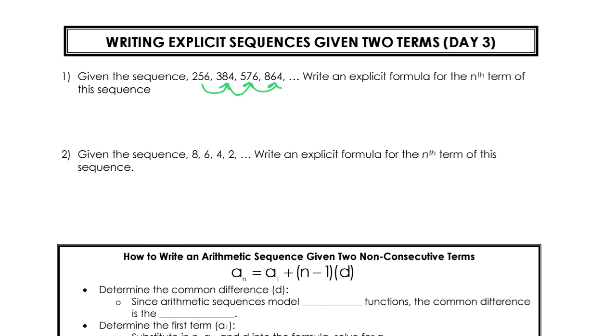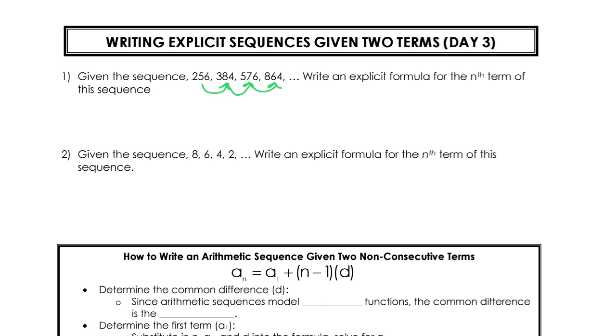All right, so if we look at these terms, these ones are a little bit tricky to figure out what we are doing to get from term to term. So one way we can figure it out is if we either subtract them or divide them, okay?